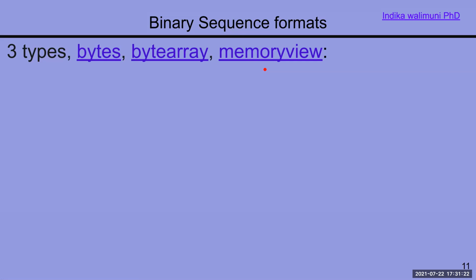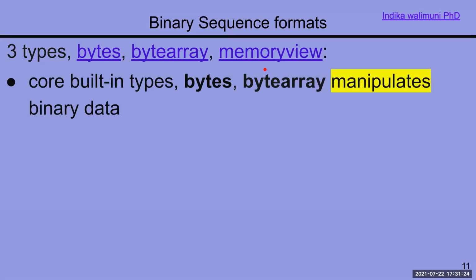The core built-in types, bytes and byte array, can manipulate binary data. Bytes are immutable. Byte array is the mutable counterpart of bytes.